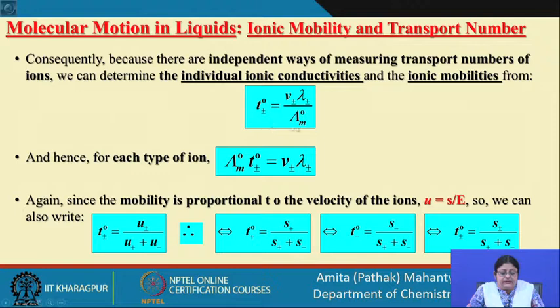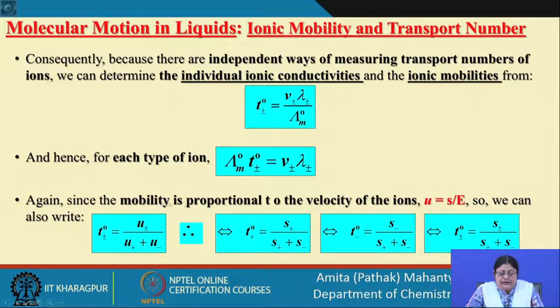That means, we can say the lambda naught for the electrolyte into the transport number of any type of ion will be the nu for that type of ion into the ionic molar conductivity of that ion. So, we have another expression which is possible.